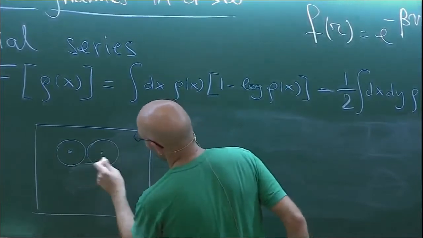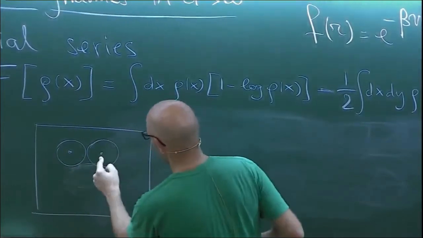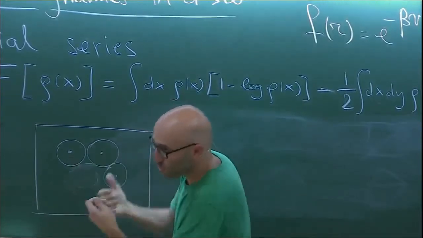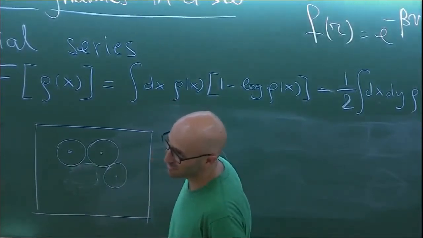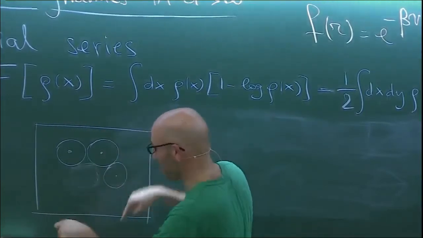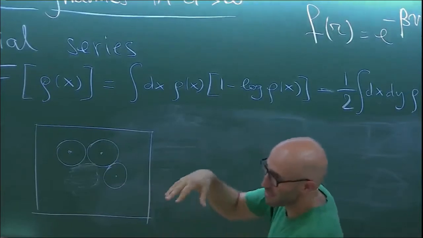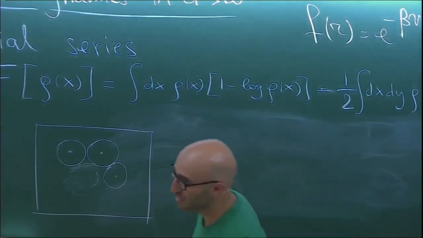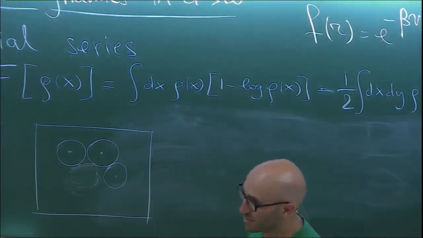If 2 particles are neighbors, and this particle has another neighbor, the probability that these 2 are also neighbors is very small. Because in 2D it's easy to form triangles. In 3D, it's a little bit more difficult because you have more space. In large D, it becomes increasingly difficult.